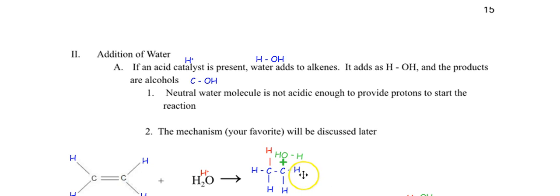Right now, once this oxygen bonds with the carbon, it has 3 bonds. Folks, when we did the intro, I really tried to impress upon you that in a neutral molecule, oxygen is only going to have 2 bonds. Right now we're forming 3 bonds, so 1 bond has to go.